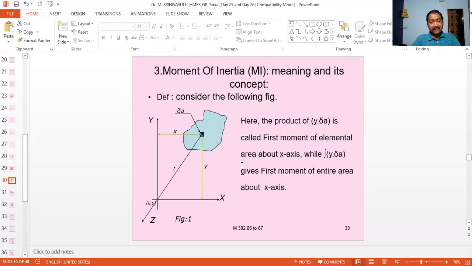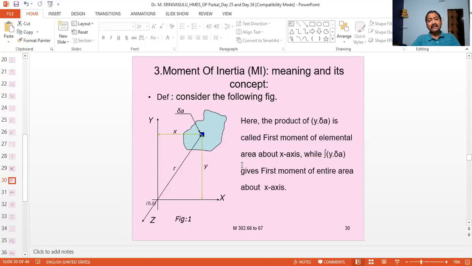The general equation is I is equal to dA into x square, or I is equal to dA into y square, where x or y is the distance of that element from the given reference axis. Here in the figure, the blue color is the body, and in that we take a small area dA, and for the dA, x and y are the coordinates of the centroid.